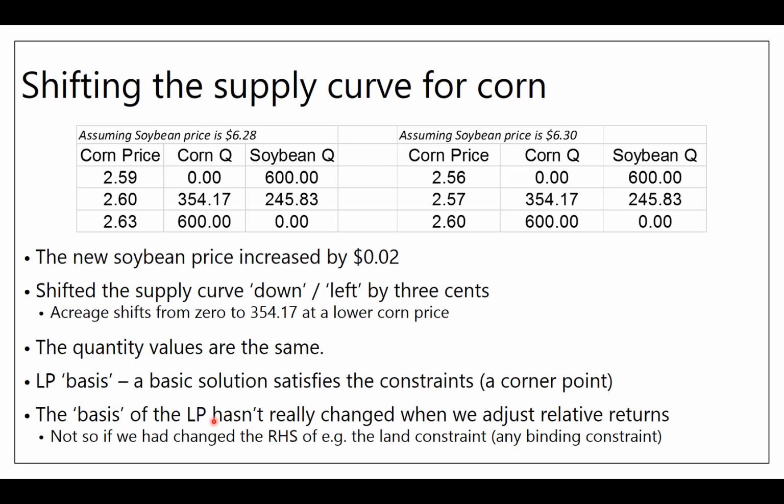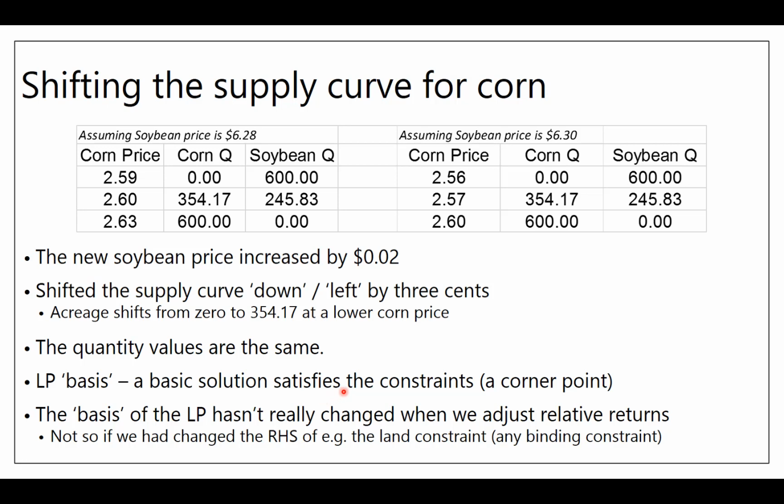And that's because the basis, or this set of basic solutions that satisfy the constraints, didn't really adjust. We are just changing the level curve of the revenue line, right? The objective equation, sort of weighting of activities by returns, is adjusting, but the constraints aren't really changing.